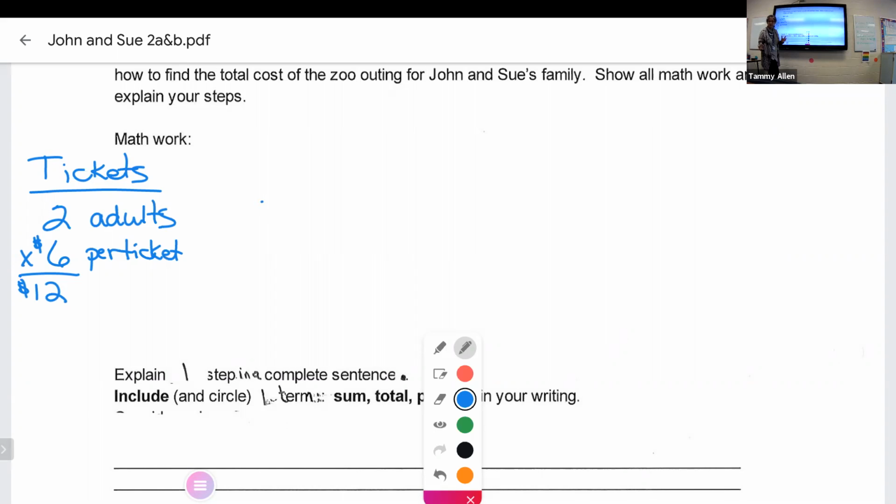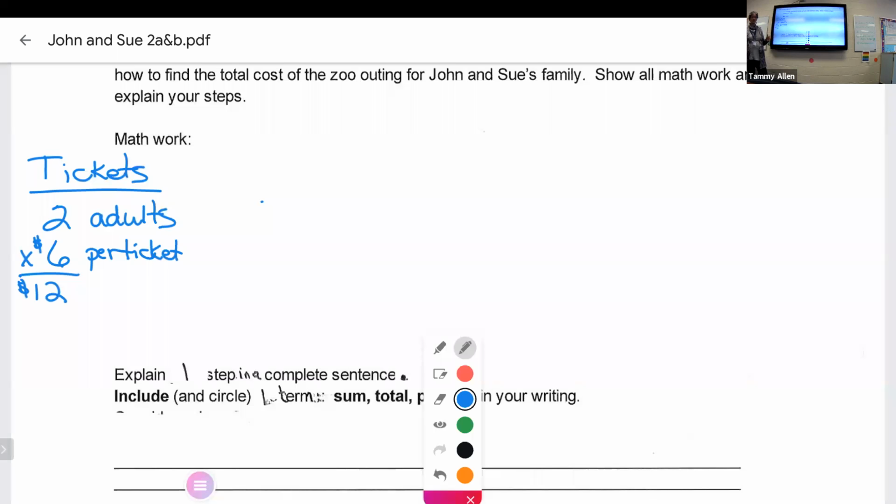Are all 3 kids the same price? No. Okay. The third one gets $3.50. So do we have to multiply $3.50 by anything? No.